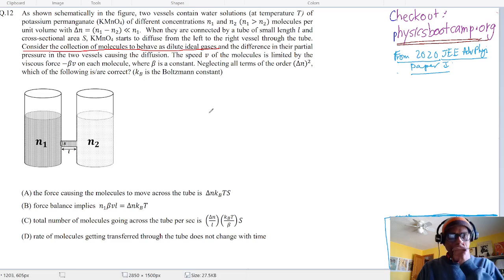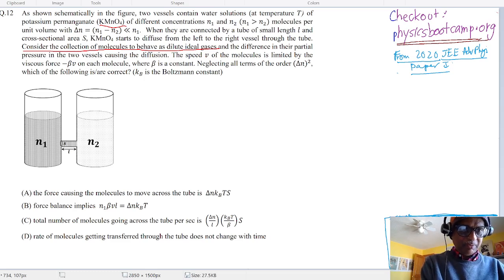That kind of helps. So what we can do is think of these molecules of potassium permanganate.